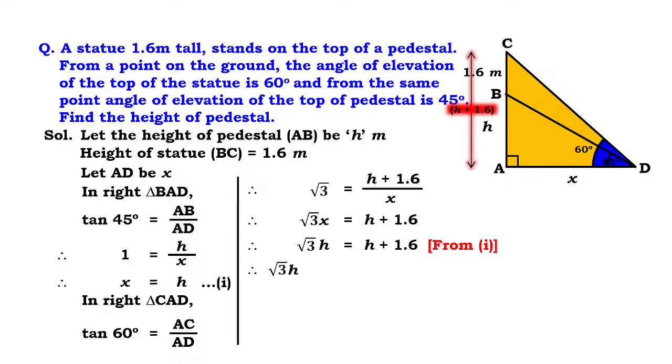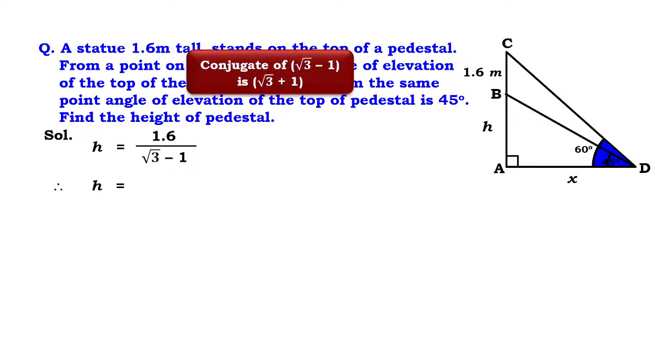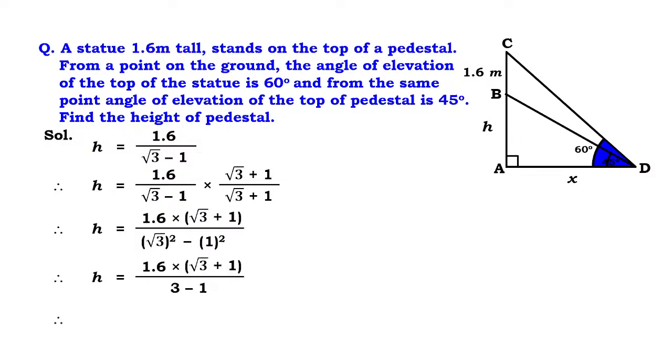Now it is easy for me to solve. Root 3 H minus H is equal to 1.6. Taking H common, root 3 minus 1. And finally H is equal to 1.6 divided by 0.73. Correct? You have to take the conjugate. Root 3 minus 1 is done here. It is not necessary, you can do 1.73 minus 1 and you will get the final answer.